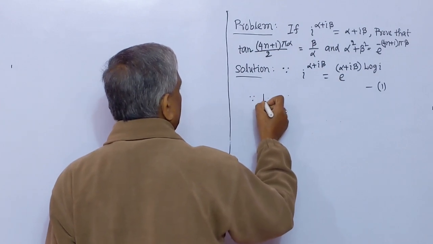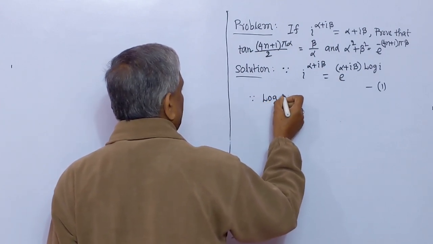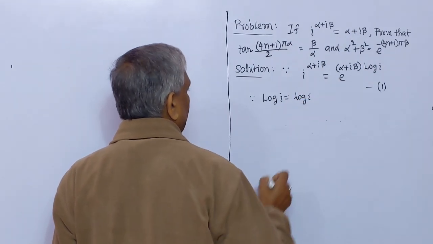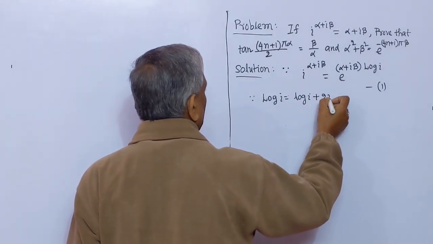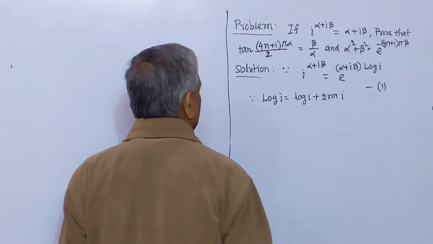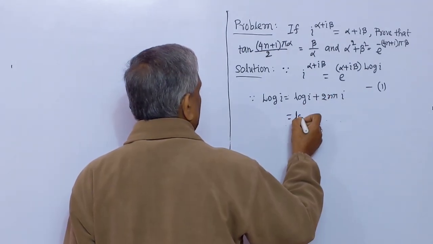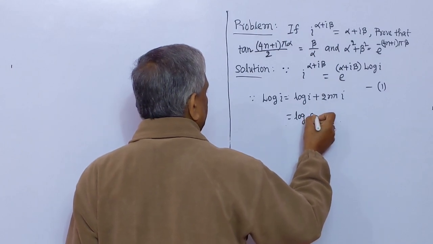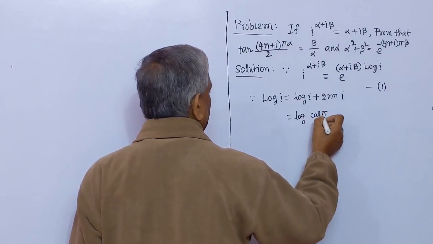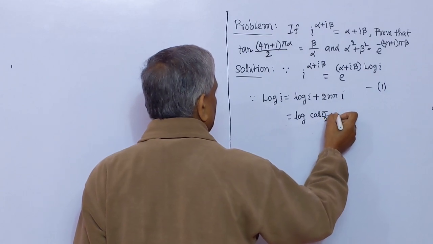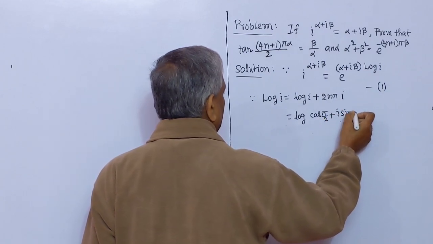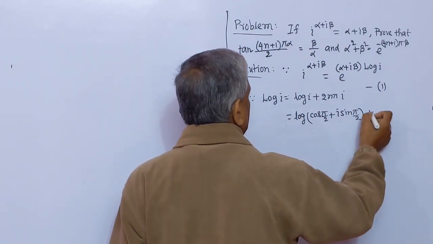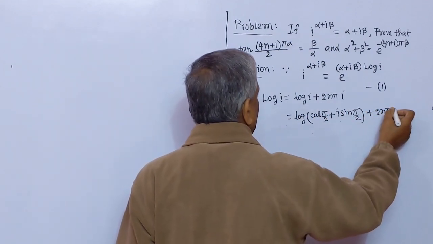Since Log i = log i + 2nπi, we may write i as cos π/2 + i sin π/2, plus 2nπi.